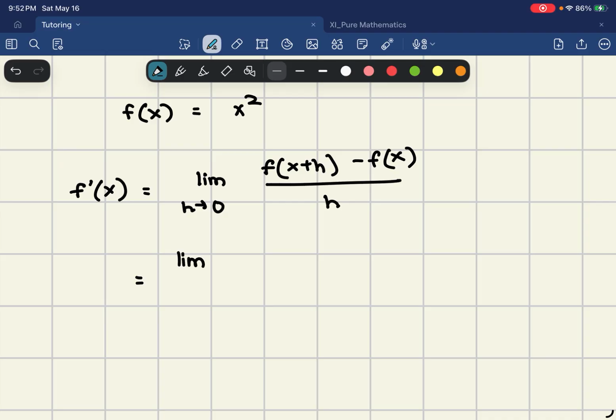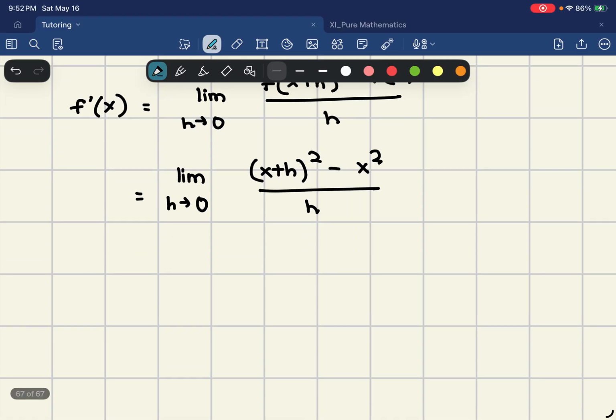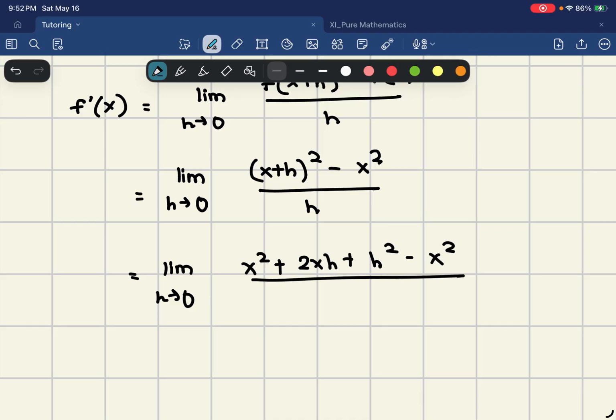So we have the limit as h tends to 0. Instead of x squared, I take x plus h squared minus x squared, divided by h. Now if I solve this, I have x squared plus 2xh plus h squared minus x squared, divided by h.